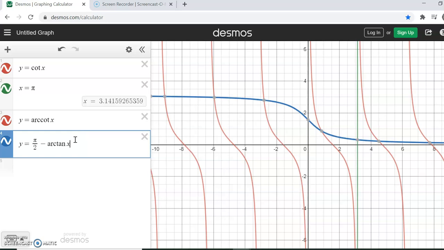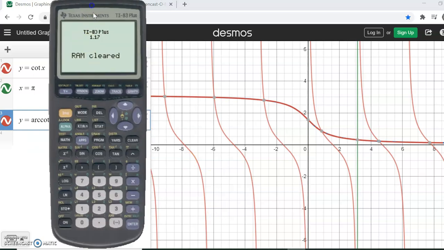This is a useful fact because Desmos does a good job of this. If you've got your TI out, and I put in 1 over x, this is how I get cotangent, remember. Cotangent, you don't have a button for, so you have to solve for it. When I go to graph this, it tries to take pretty much negative pi over 2 to pi over 2. It tries to take this middle, and it has this asymptote in the middle.